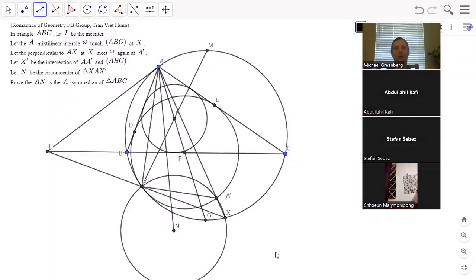So by an angle chase, we can show both of these are tangent. And then the other one is the harder part.